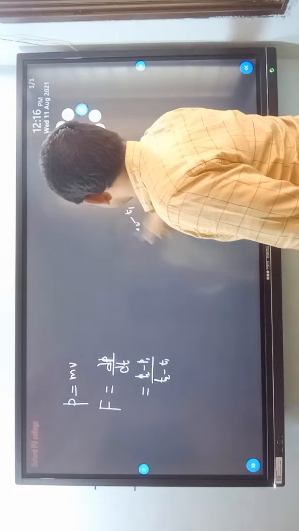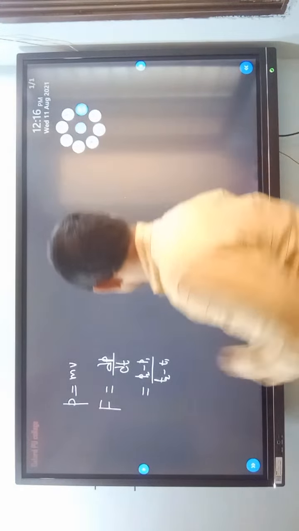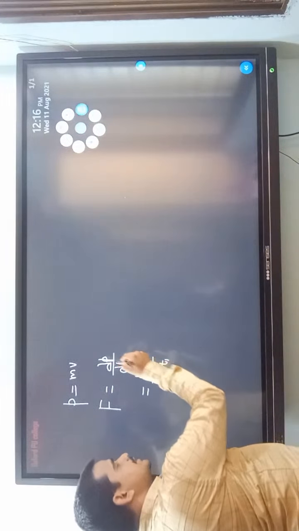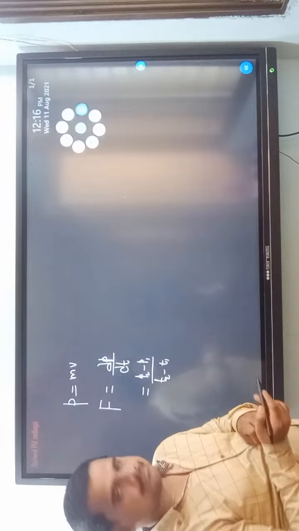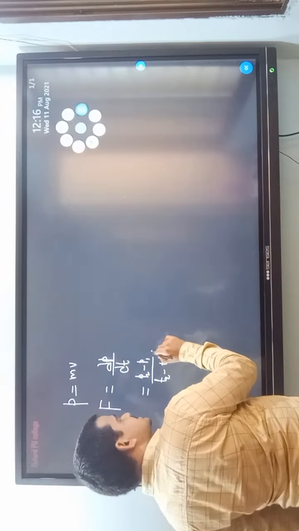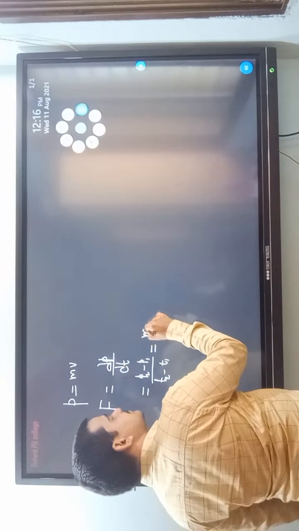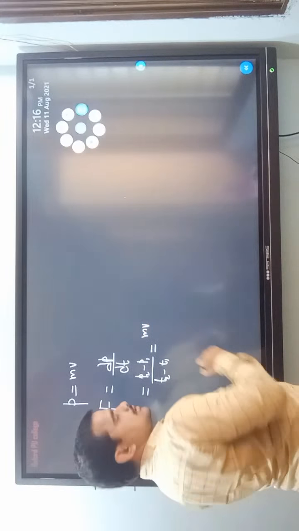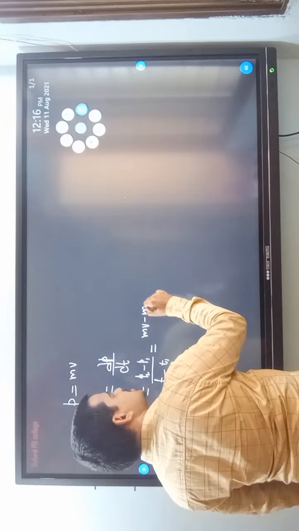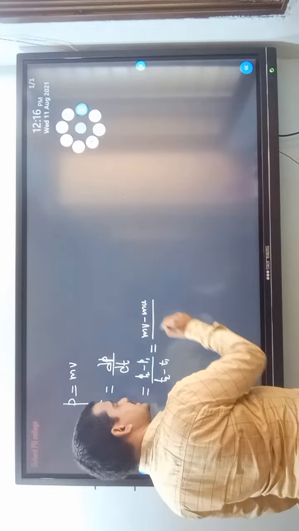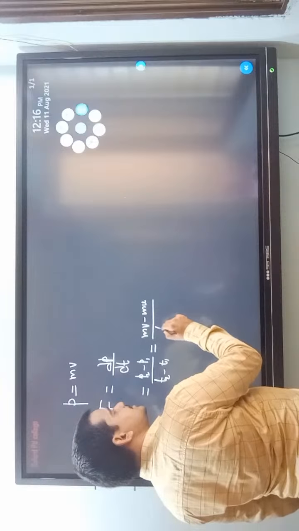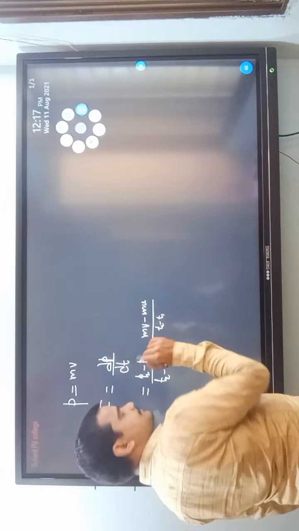In this situation, what we are going to see is change of momentum with respect to time. Momentum is changing with respect to time. The change is final momentum, mass into final velocity, minus initial momentum, mass into initial velocity, by change in time, t2 minus t1.